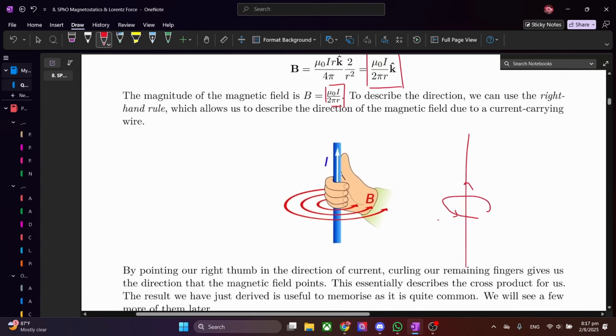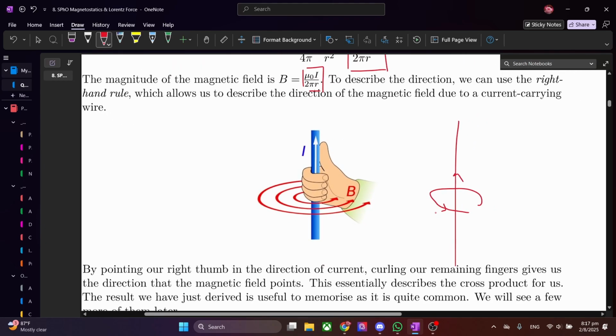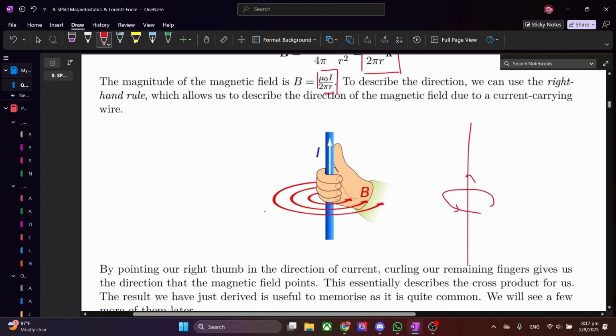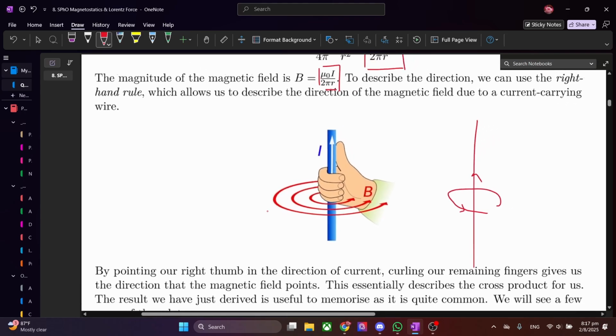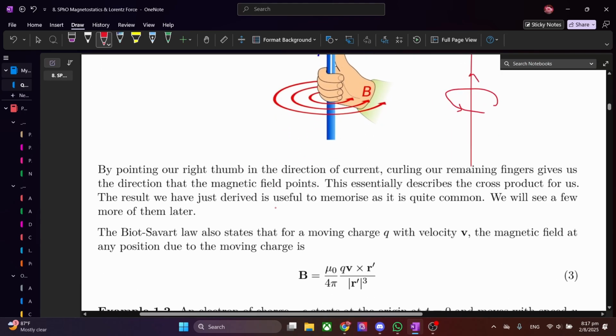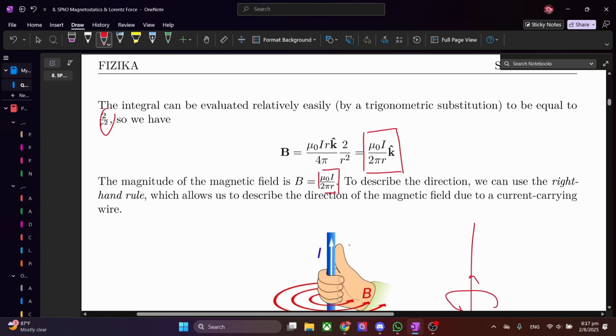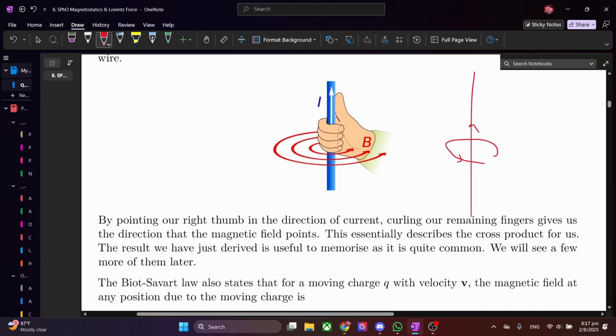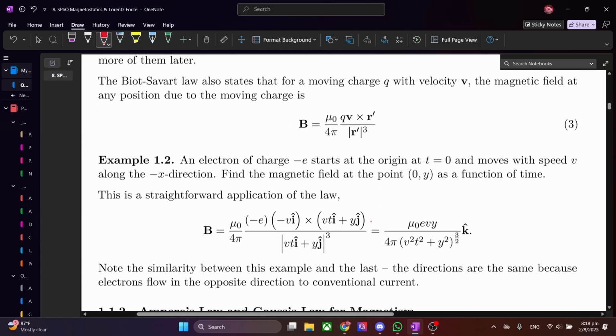Yeah. So that's the so-called right hand rule, which is very helpful, especially to calculate directions of magnetic fields. And I'm not too sure what the syllabus is, but I think you should have learned this. But anyway, that's the Biot-Savart law.